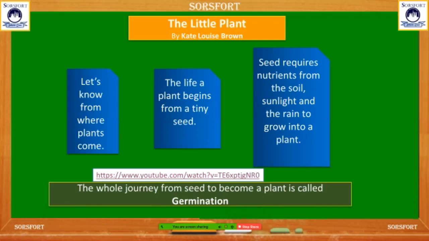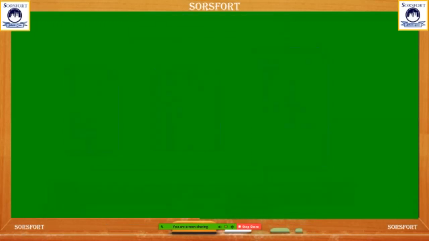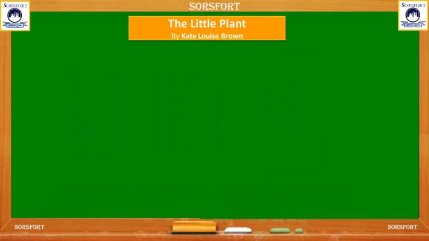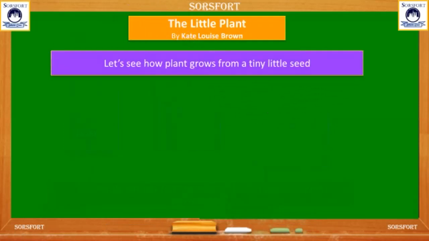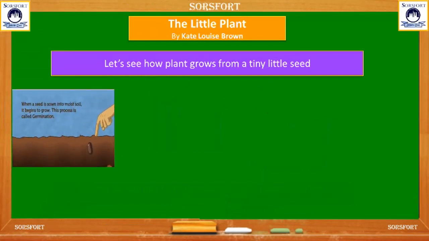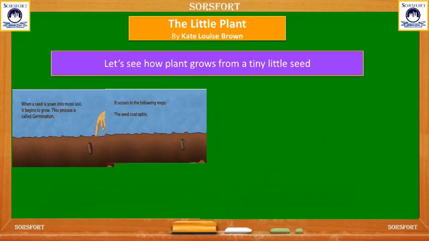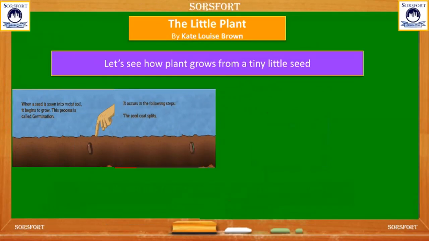So the whole journey of seed to become a plant is called germination. Let's see how a plant grows from a tiny little seed. First process is when a seed is sown into moist soil, it begins to grow. The process is called germination. It occurs in the following steps.